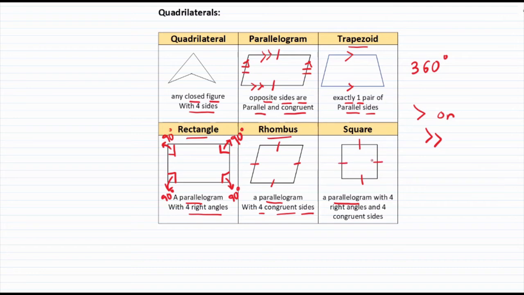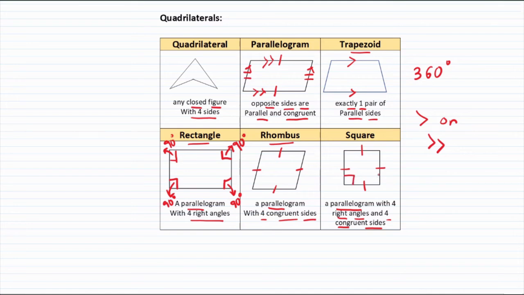So a square has the property of a parallelogram, the property of this rectangle having four right angles, and the property of a rhombus. This one, four congruent sides. Right angle, right angle, right angle, and this is also a right angle.